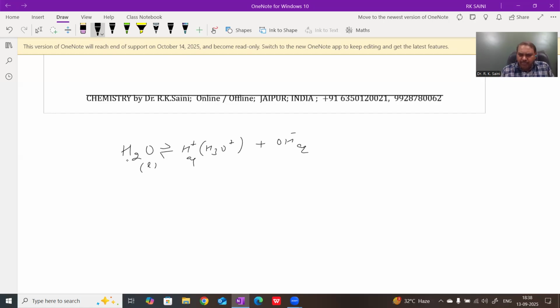After removal of one H plus ion from the acid, the remaining part is known as conjugate base. Means OH minus ion is the conjugate base and H2O is an acid. It is acid and it is base, conjugate base.